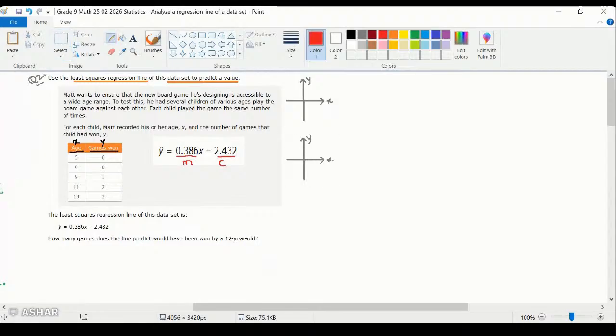If the line is increasing, right, that means the slope is positive. If the line is increasing, the slope is positive. If the line is decreasing, the slope will always be negative. So since the slope over here, the gradient is positive, right?